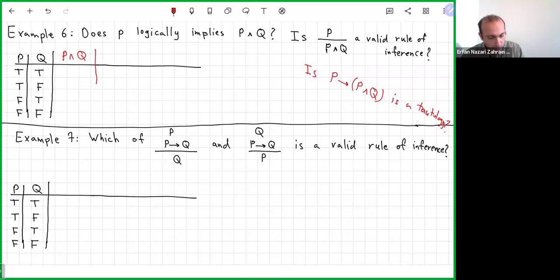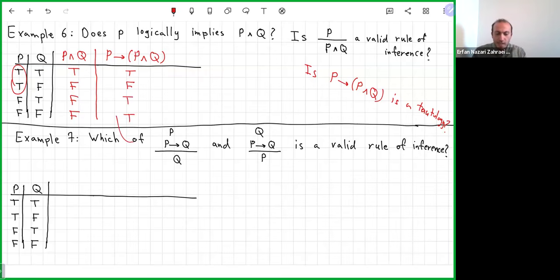P and Q is only true if both of them are true. So true here and then false everywhere else. And then P implies P and Q. This is only false if this is true, but this is false. So P true, but this false. That's false there, and the rest are true.